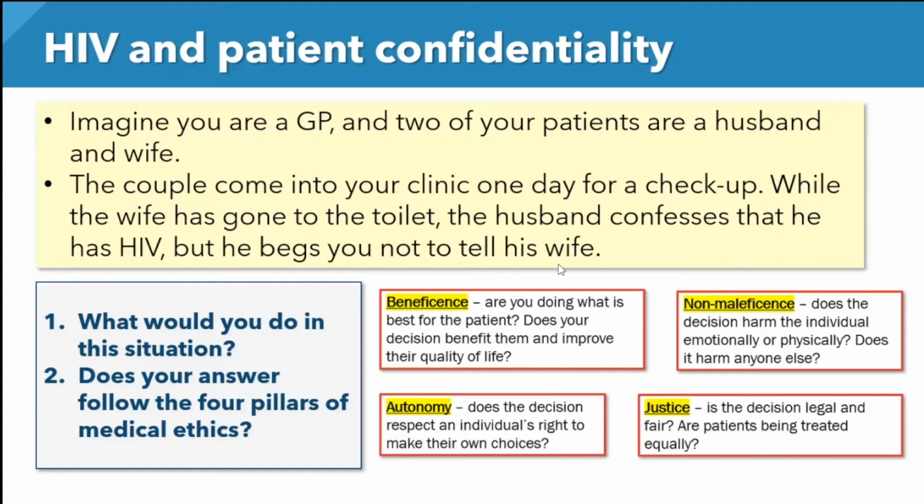Yeah, I think that's a really, really good answer, and I completely agree with you. I think the main argument here is between autonomy and non-maleficence. It's to do with whether you want to respect the patient's right to keep information private, or whether you want to ensure that patients have a high quality of life, are comfortable, happy, and healthy. But as you've said, it's very important that we respect a patient's autonomy.